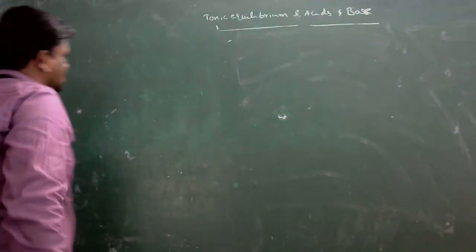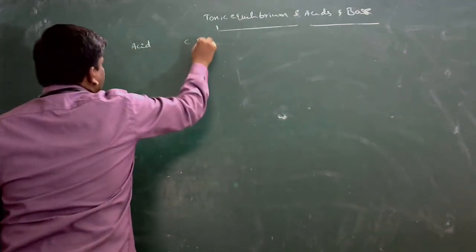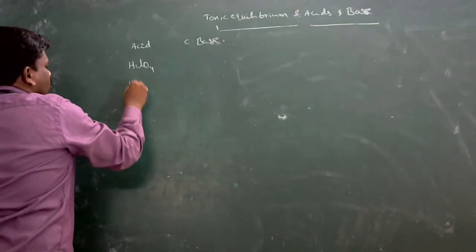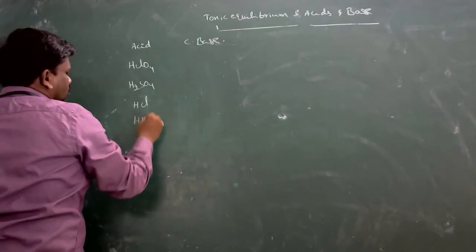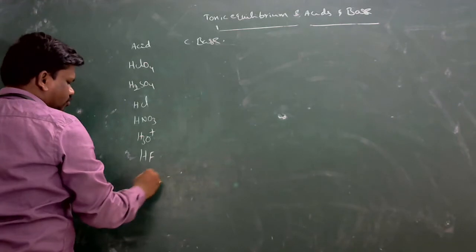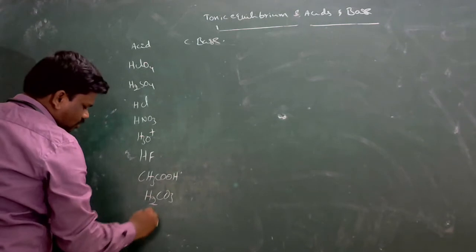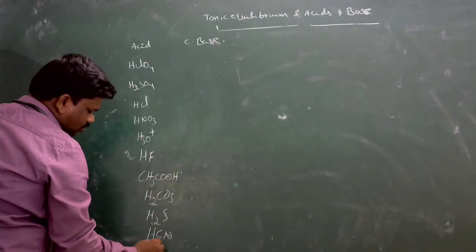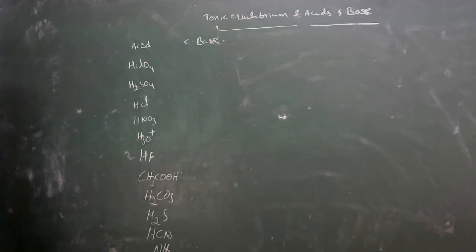Next, strength of acids. Acids and their conjugate bases: HClO4, H2SO4, HCl, HNO3, H3O+, HF, CH3COOH, H2CO3, H2S, NH3, H2O, and another one, CH4.